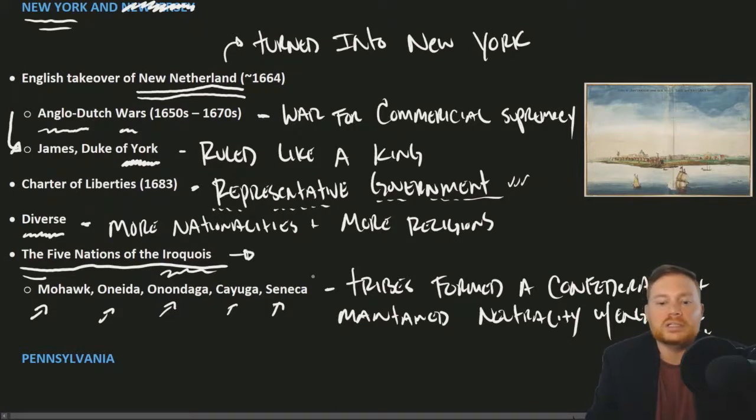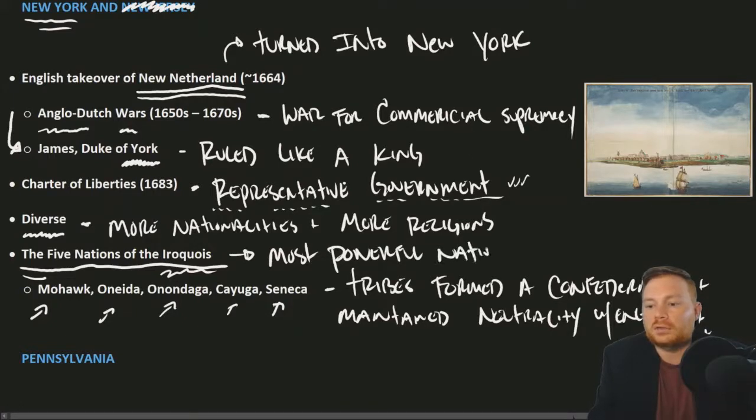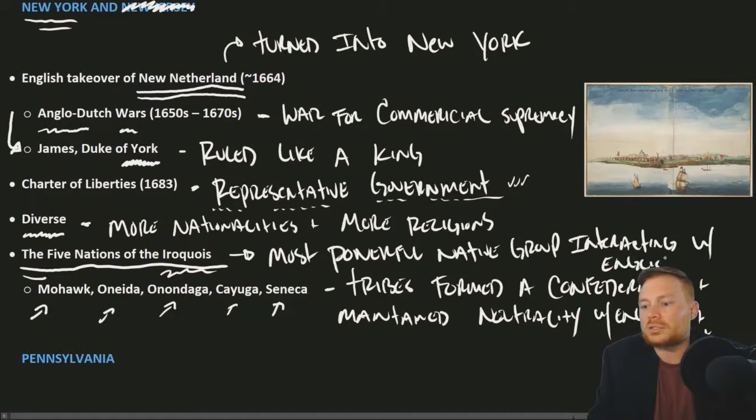The Iroquois will be known as one of the most powerful Native American confederations in North America during this revolutionary era. So we might say about the Iroquois, we'll just call them the most powerful Native group interacting with English settlers.